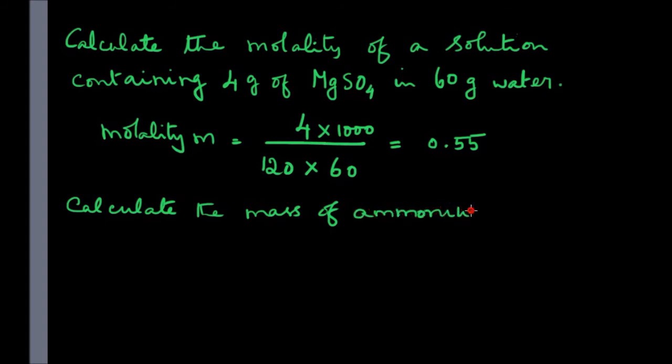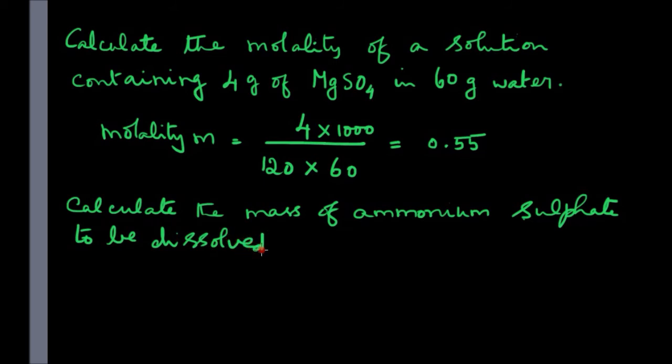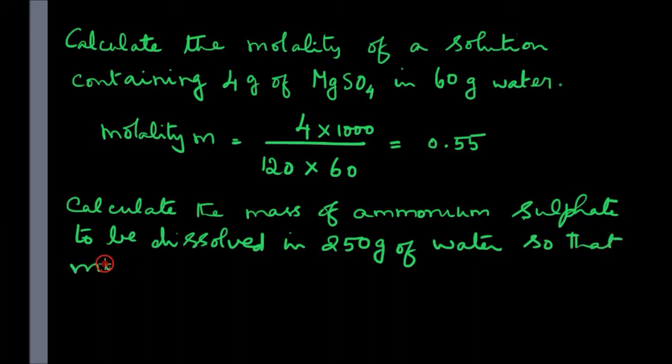I am not giving you the formula, so you have to write the formula correctly and then compute the mass, to be dissolved in 250 grams of water, so that the molality is 10 to the power minus 2.